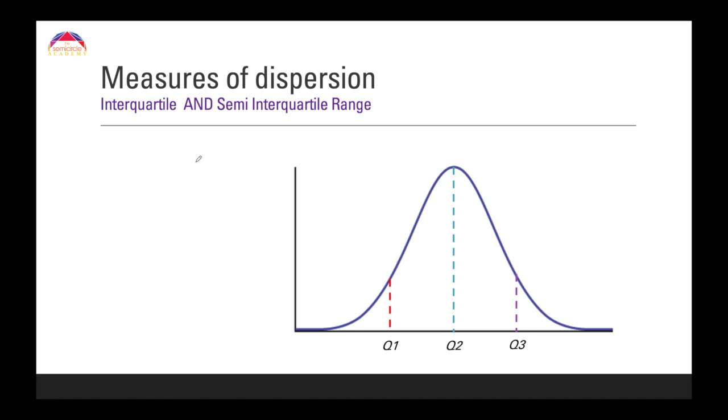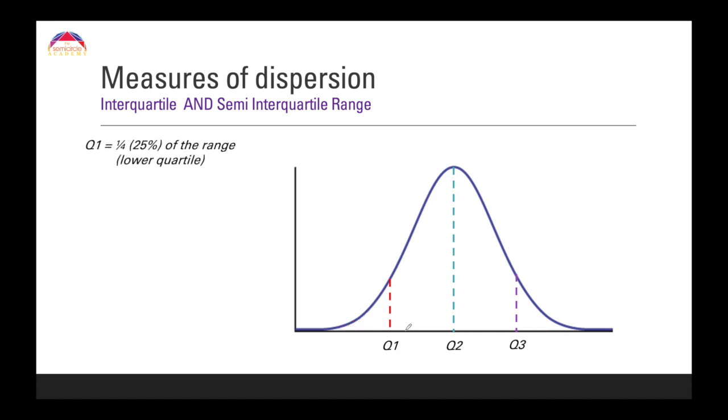These are my quartiles. These 3 lines here are my quartiles because they divide the entire frequency distribution curve into 4 parts.